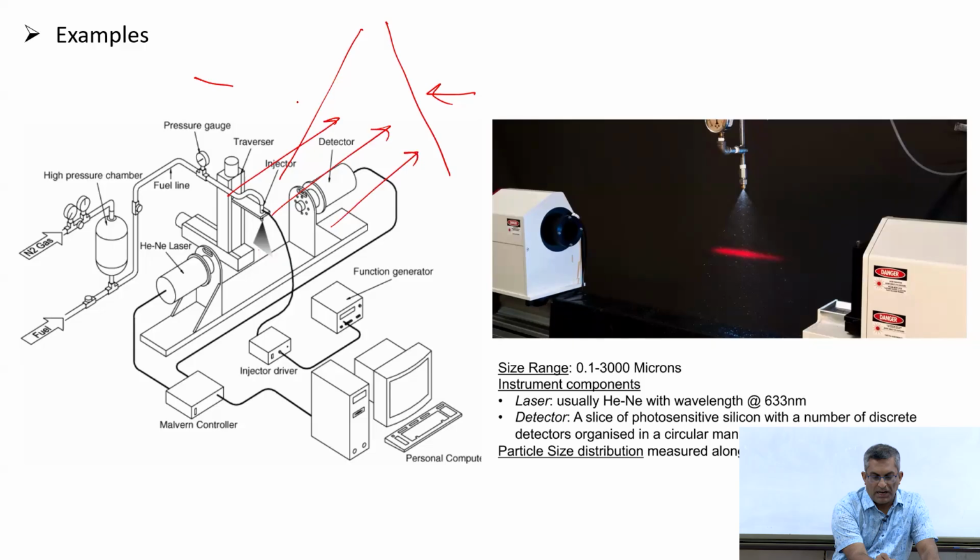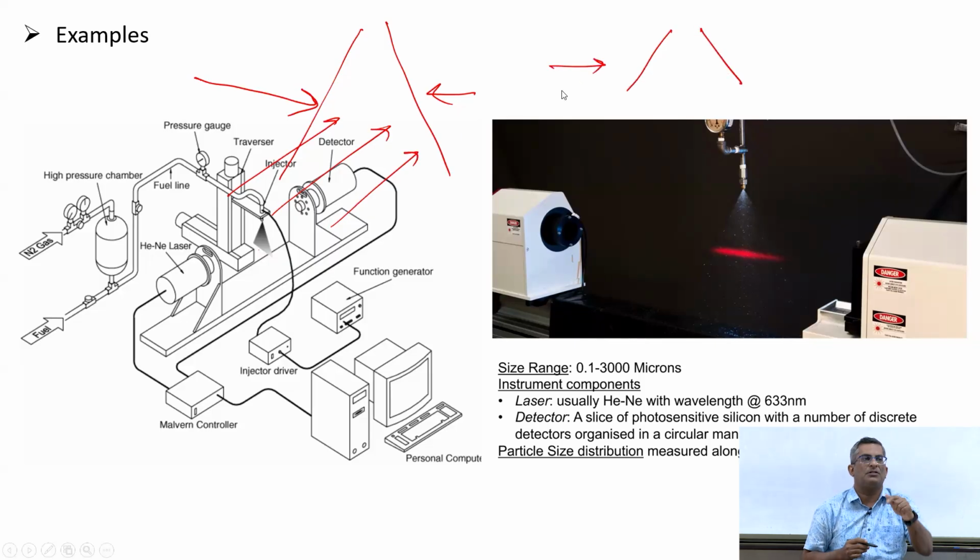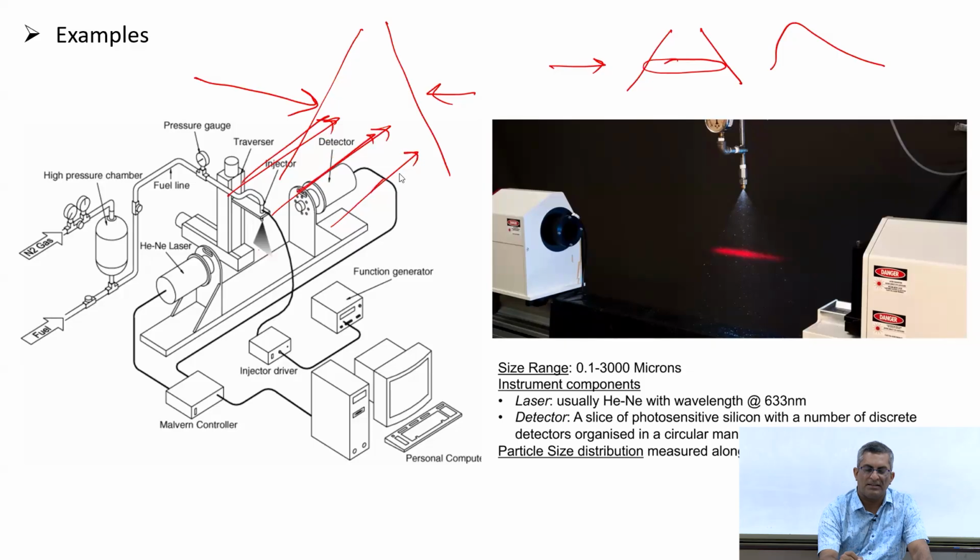But if you take measurements in this direction, you are in trouble, in the sense that whatever size distribution you measure would correspond to the entire path of the laser beam. On the other hand, if you measure in this direction, the thickness is very small. So, even if you get integrated information, the variation in that direction may not be much. So, you still get some local information. This is what we have to keep in mind.